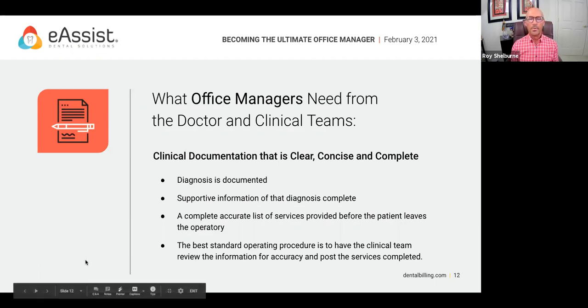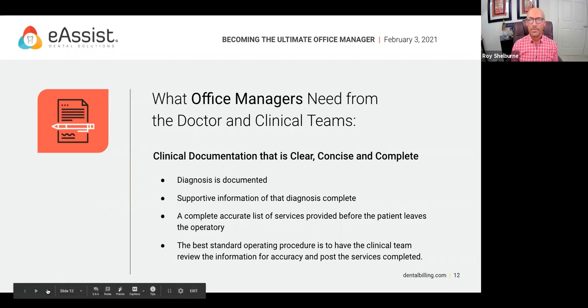And especially in today's world where we want to process patients, get them in, get them done and out, because we can't have waiting rooms packed with individuals anymore because of COVID. So you want to be able to process those individuals as quickly as possible and accurately as possible.